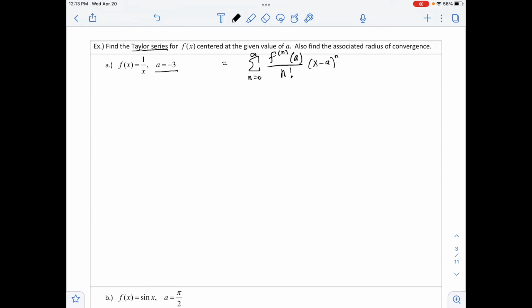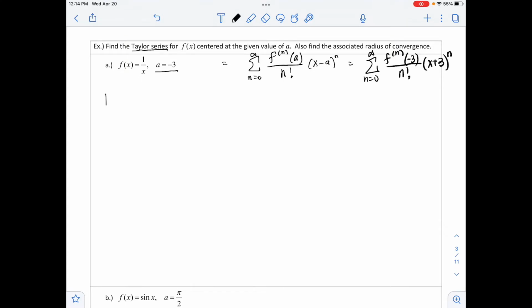And so since we know that a is equal to -3, I'm going to go ahead and substitute that in. And so we have the sum from n equals 0 to infinity of the nth derivative evaluated at -3 divided by n factorial times x minus -3, or x plus 3 to the nth power.